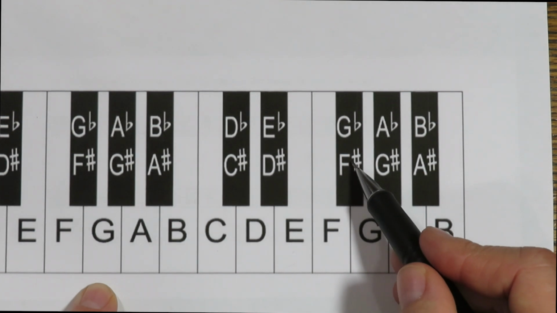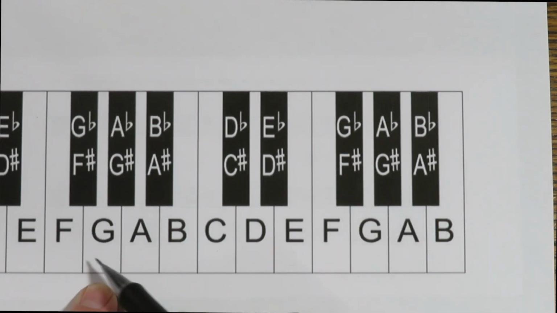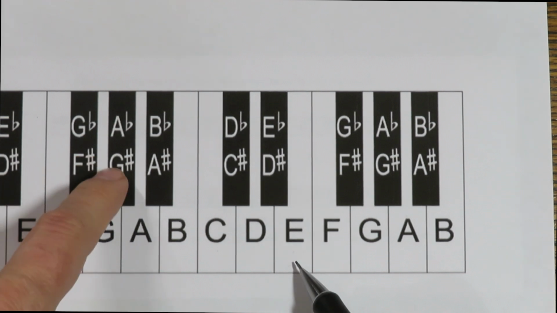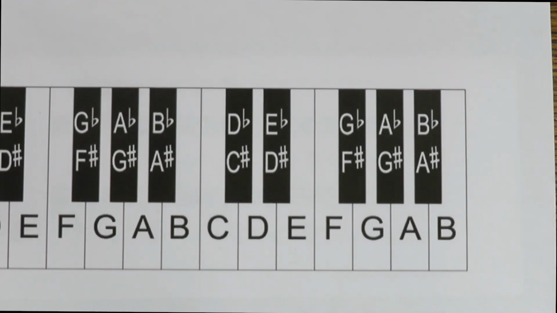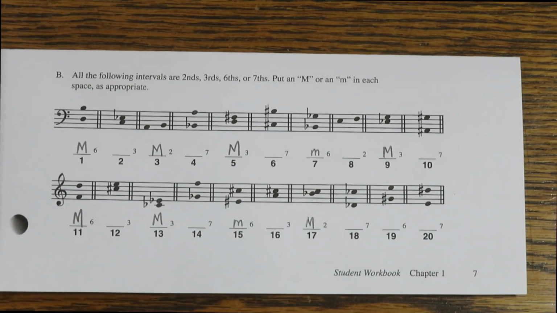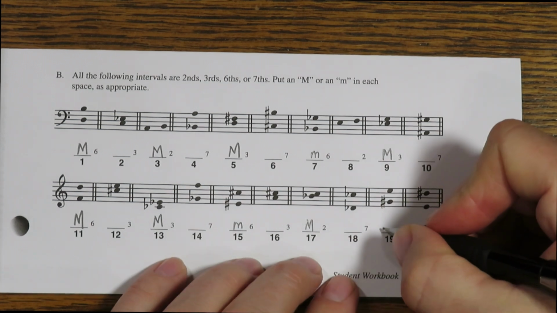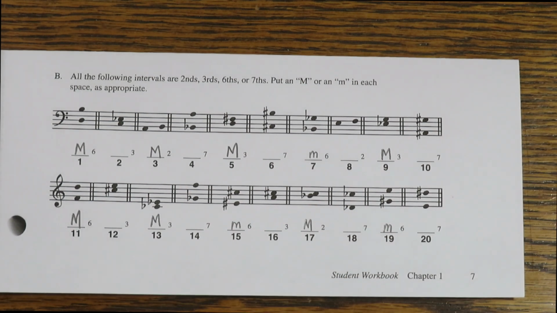And we have the F sharp in the key of G. So it would be a major sixth, right? So if we raise up the G a half step to the G sharp, it would become a minor sixth. Right? So we'll put a lowercase m there.